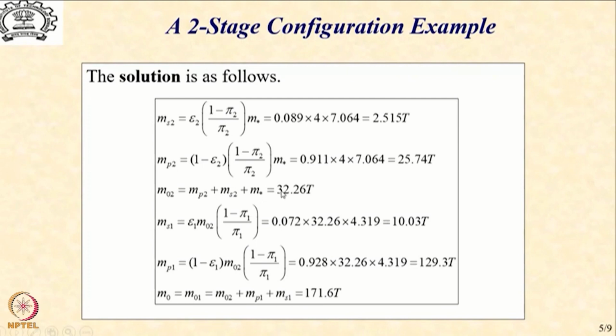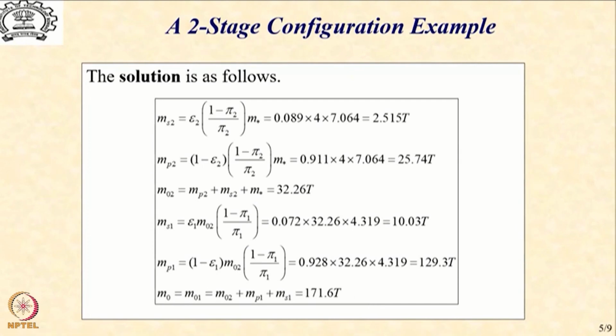With this M02, I immediately calculate MS1, which turns out to be 10 tons, and MP1, which turns out to be 129 tons. I just add all these, that is M02 plus MP1 plus MS1, which is the M01 or the liftoff mass. It turns out to be 171.6 tons.